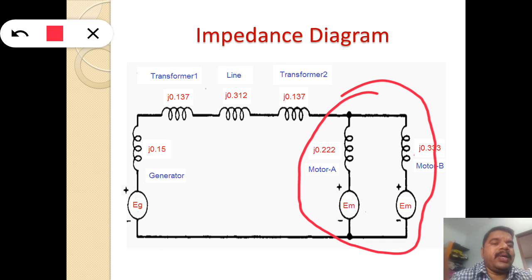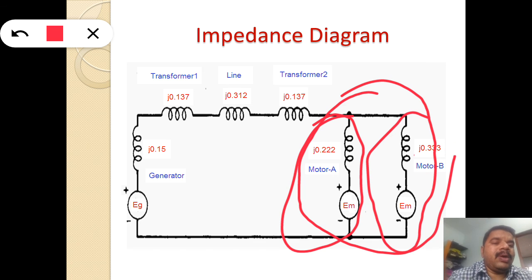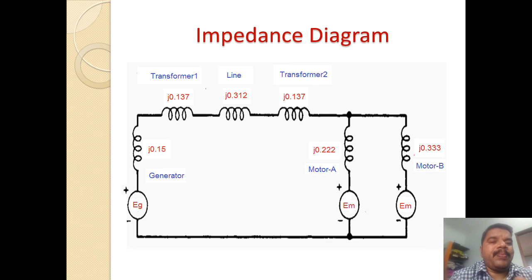For the motor, the equivalent circuit is one voltage source along with one series reactor. One voltage source with a series reactor for motor A, and similarly for motor B, one equivalent circuit, a voltage source with a series reactor. All of it is connected in parallel with this.